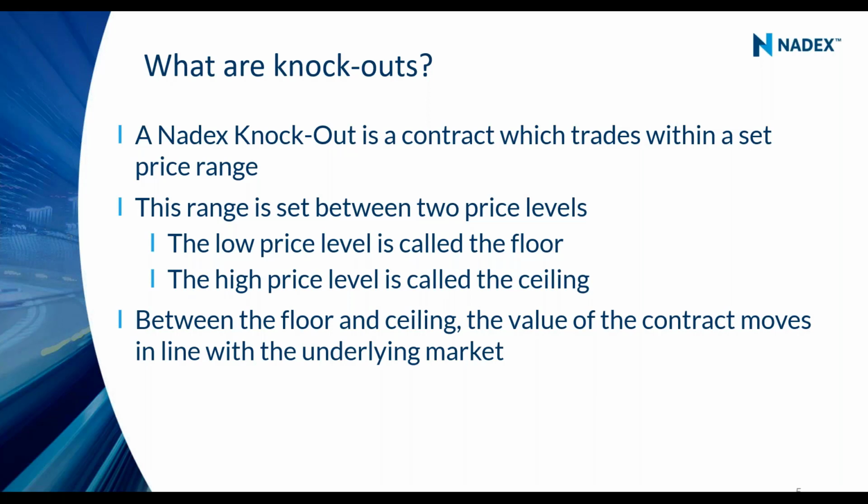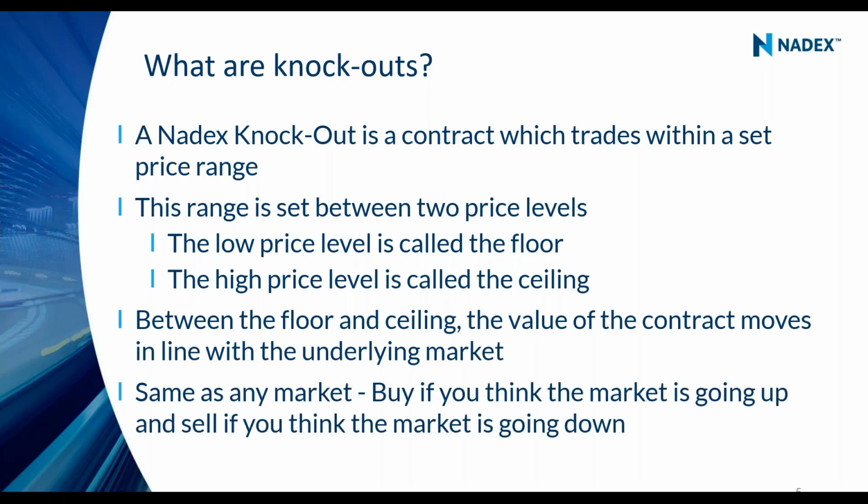So if you thought gold were going to go higher, you would buy it. If you thought gold were going to go lower, you would sell it. Now, that is actually confusing to some people because they'll say, how can I sell something that I don't own? And this is a contract. All right, so it's not the actual physical product that you're trading. You're trading a contract that represents the price of the underlying.